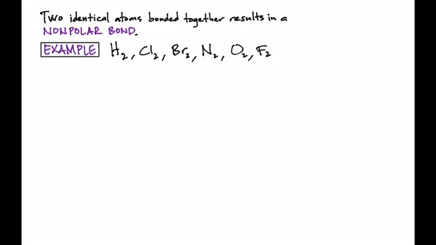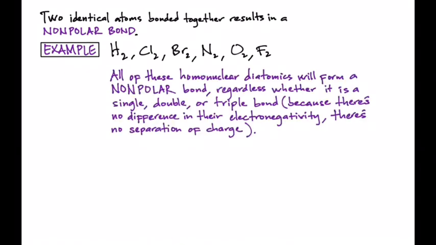And so if there's no difference in electronegativity, you have no separation of charge. In other words, the bonding electrons are shared equally between the two atoms. So all of these homonuclear diatomics will form a nonpolar bond regardless of whether it is a single, double, or triple bond, because there's no difference in their electronegativity, there's no separation of charge.